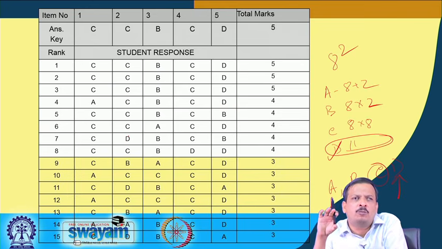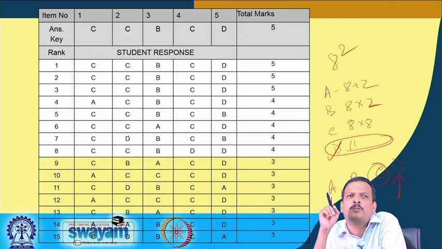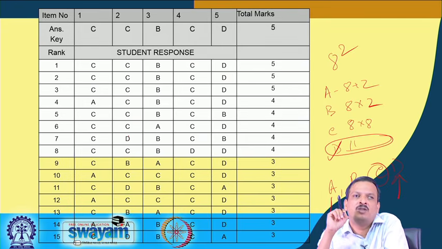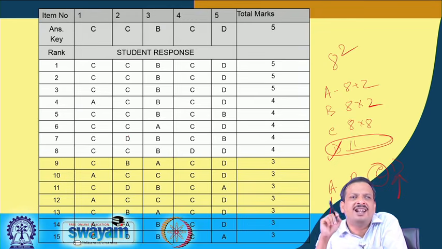So, if I want to find a formula for the distraction capability of a distractor, that means the effectiveness of the distractor, objectively, I take the test, then find the lower group and upper group.